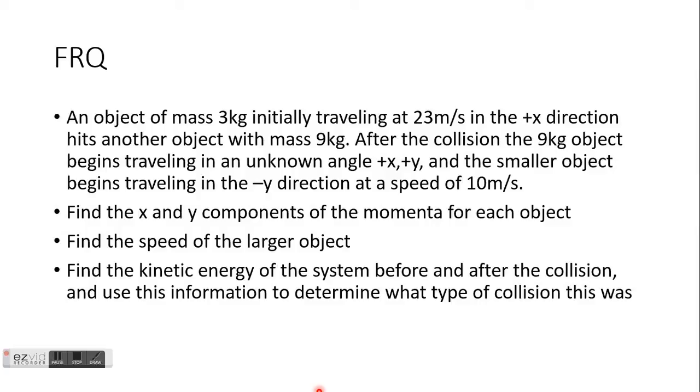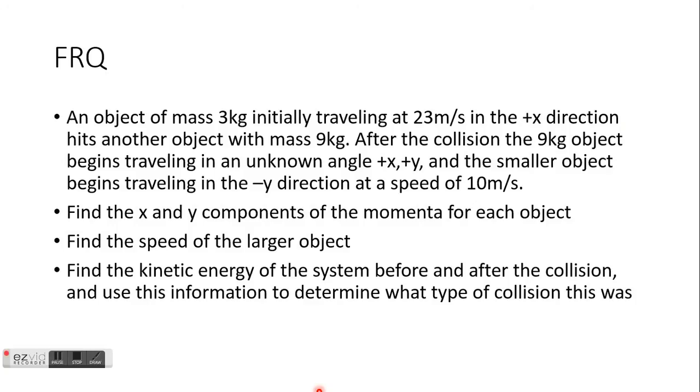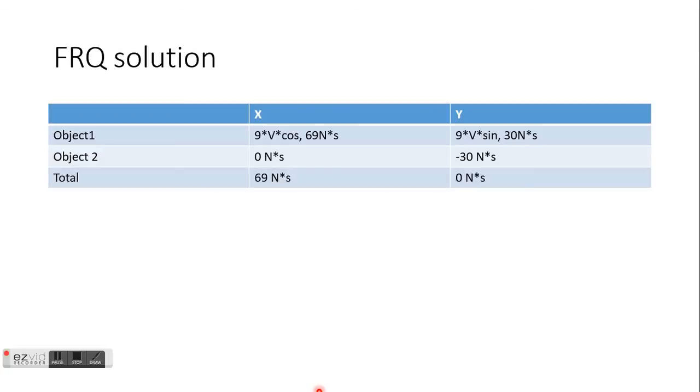Okay, so the first thing I'm going to do here is create a table with all the values. Calculating the initial, 3 kilograms times 23 meters per second is 69 newton seconds. That's the total in the x direction, and there's nothing in the y direction for the total.